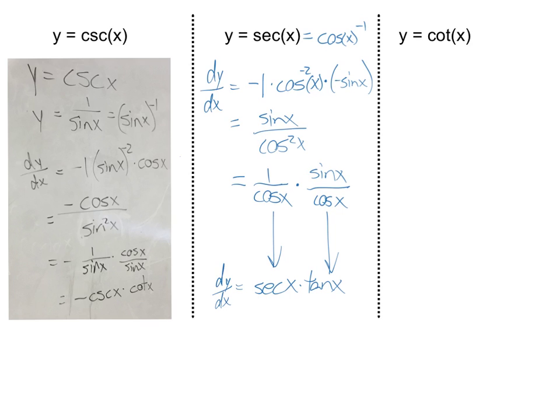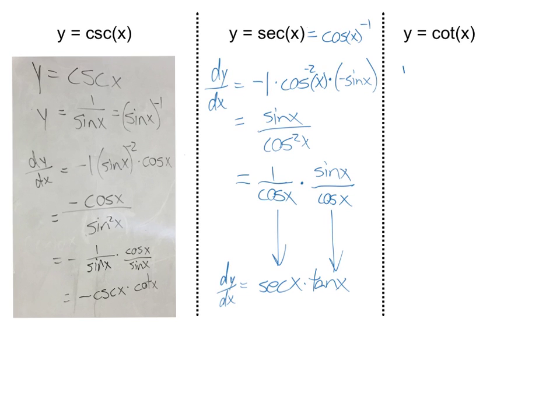We could, or where else can we use? Can someone tell us what else we could do to find the derivative of this? You can use the tangent, 1 over tangent. Yeah, this is 1 over tangent, so tangent of x to the negative 1.